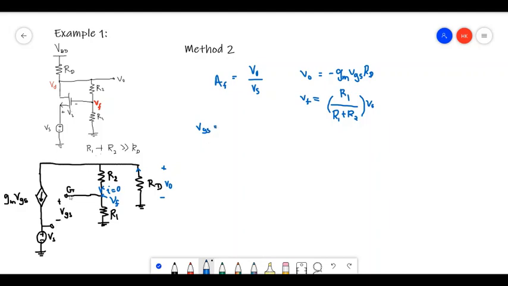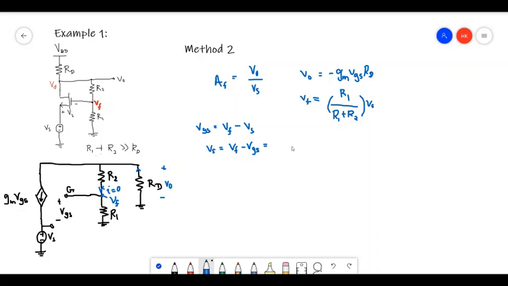So the voltage here is Vf minus the voltage at this point, which is Vs. So what we need to find is Vs. So Vs is actually Vf minus VGS, right? So we want this ratio to be found. So if I can find both Vf and VGS in terms of V out, so that's it. So like that, right?